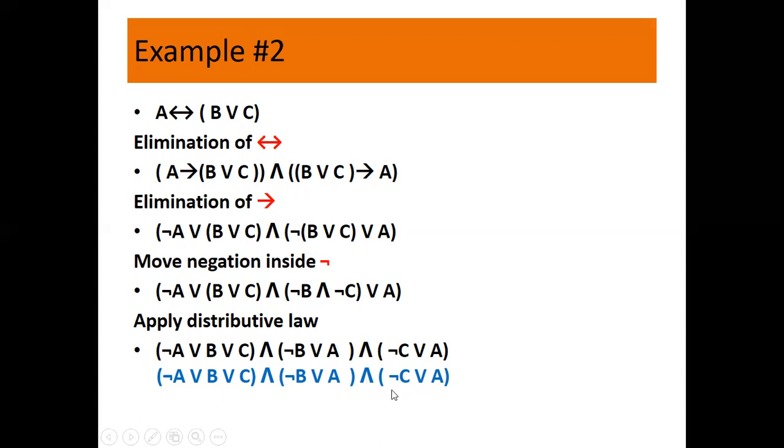Negation of B or A and negation of C or A. Now if you look at the statement carefully, what is it? It is conjunction of disjunctions, right? Conjunction of disjunctions. So the statement is now in conjunctive normal form. Is it fine? Let us look at the last example now.